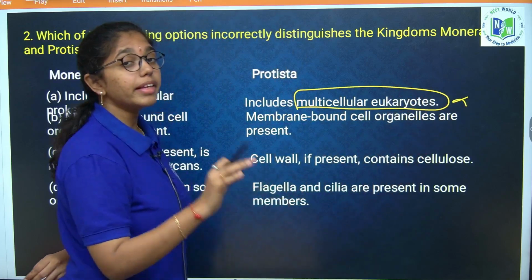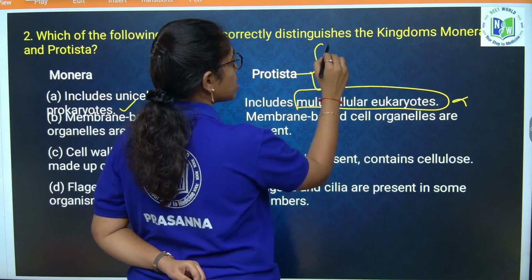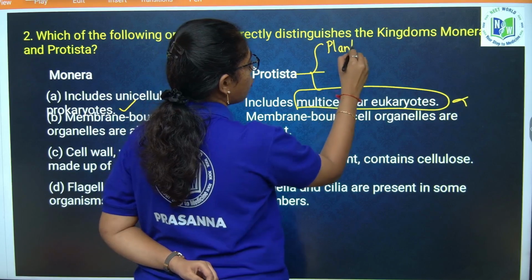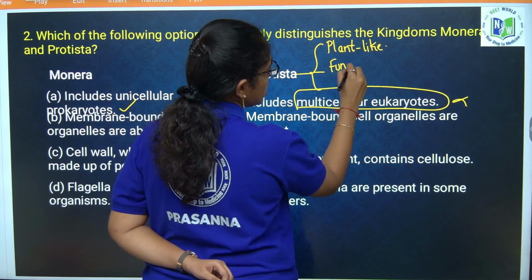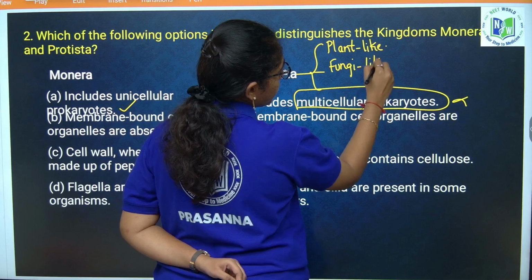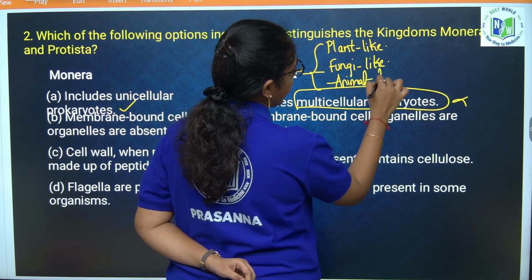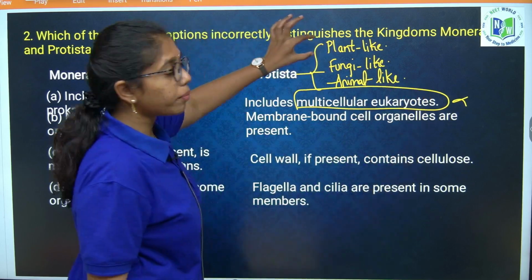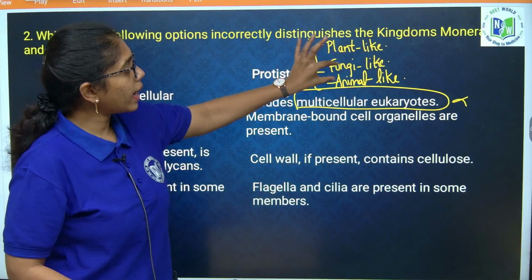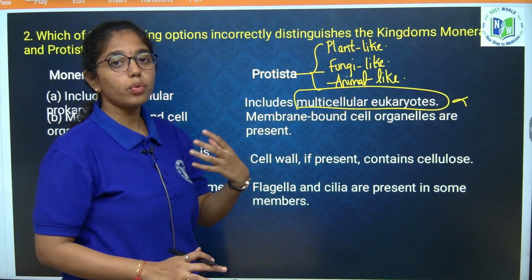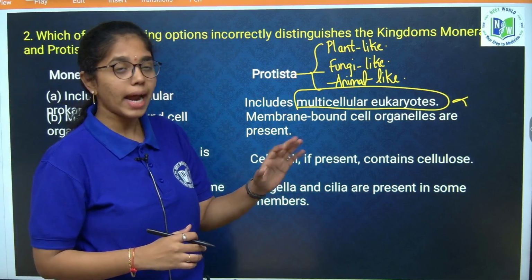Protista includes unicellular eukaryotes, wherein we have three types: plant-like protists, fungi-like protists and animal-like protists. Under plant-like protists we have chrysophytes, dinoflagellates and euglenoids. Fungi-like we have slime molds. Animal-like we have amoeboid protozoans, flagellated protozoans, ciliated protozoans and sporozoans.